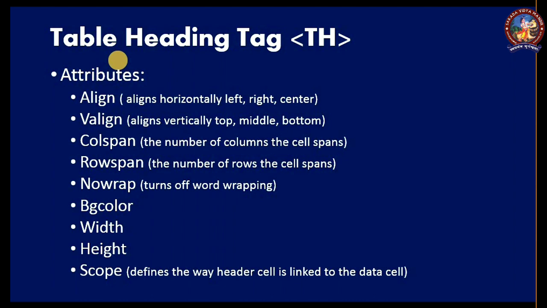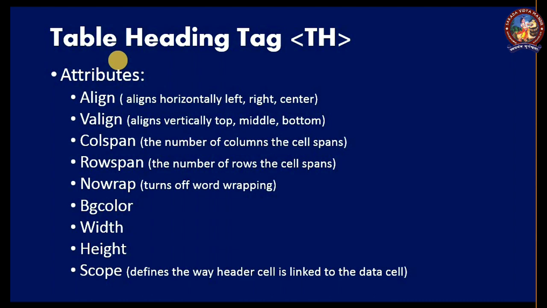Then nowrap. Text wrapping is a feature of any kind of text editor or word processor. That is, whenever we are writing some text in a fixed area, whenever the text reaches the end of the line, automatically the next word comes to the next line. This is called word wrap. So nowrap is used to prevent that automatic word wrapping.